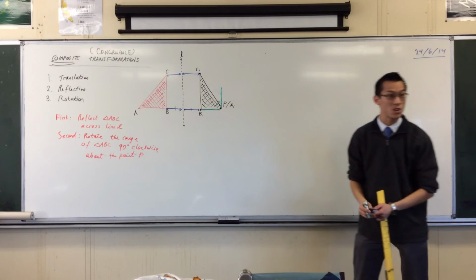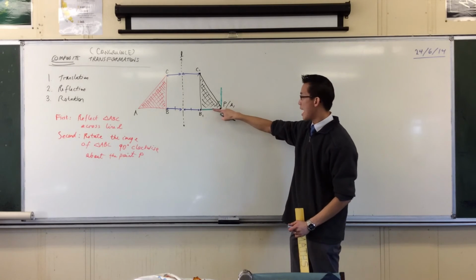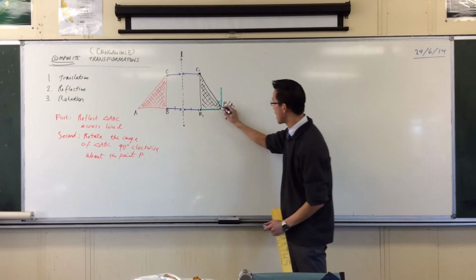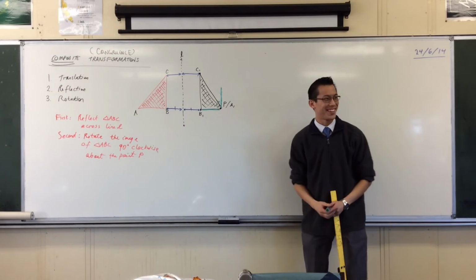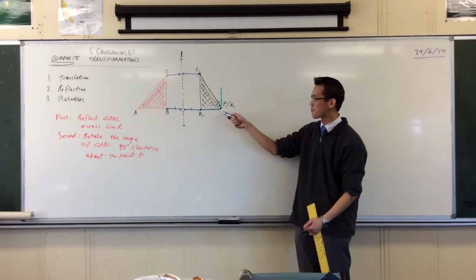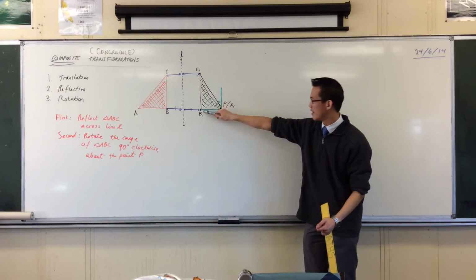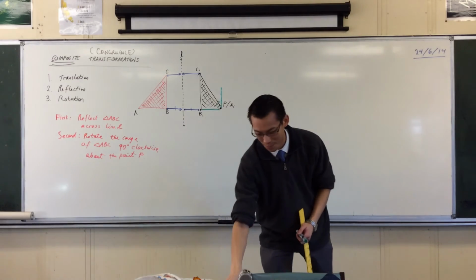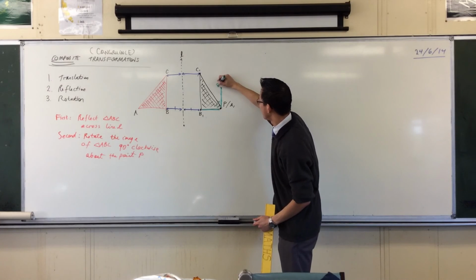I've done it nice and thick so you can see it. Here was the original line, and now it's been rotated. And there's that 90 degrees. That's actually a right angle in there, isn't it? That was A1, that was B1. So what should we call this point? B2. That's a good name, I think.